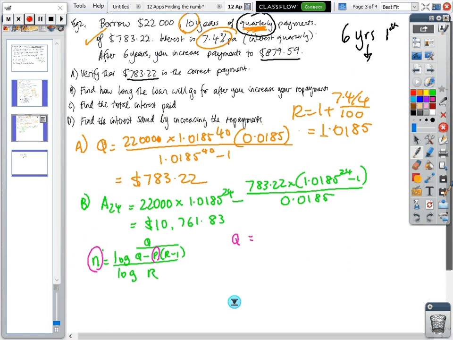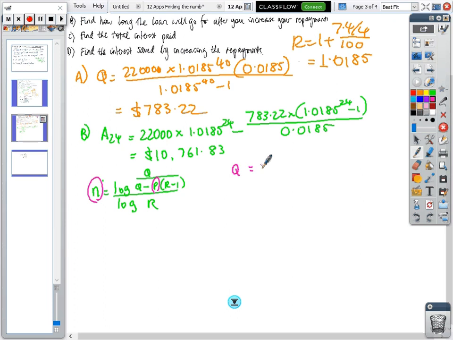We're changing it to $879.59. The principal is $10,761.83, not the original principal, and R is still the same value. The interest rate hasn't changed. 1.0185.